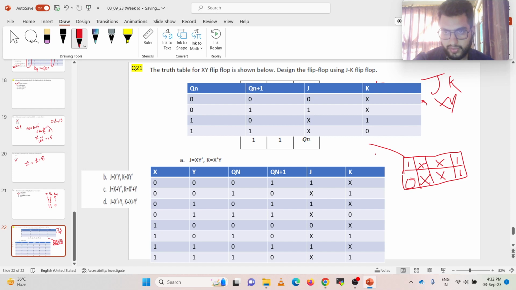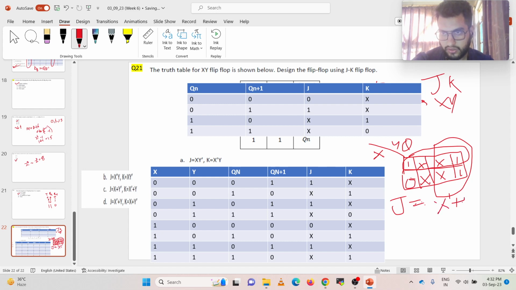So here it is x, here it is y and Q. So we have this thing and this thing. So my J will be equal to x bar plus y. My J will be equal to x bar plus y.